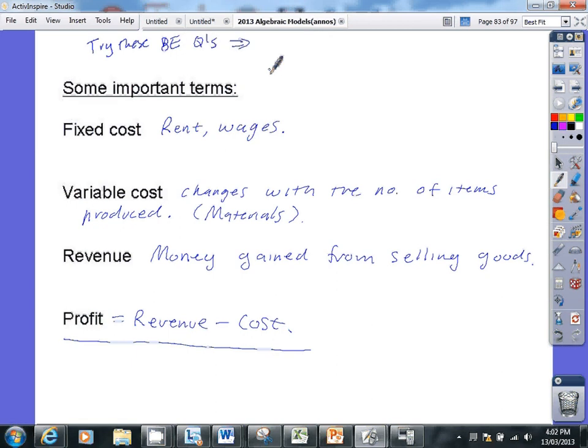Let's have a go at number 1, number 3, and number 5. Let's stay with the odd ones. 1, 3 and 5. Of course, if you're diligent, you'll have a go at 2, 4 and 6. But I know that you guys are pressed for time, as we all are. There's only so much we can do, so 1, 3 and 5 is fine.